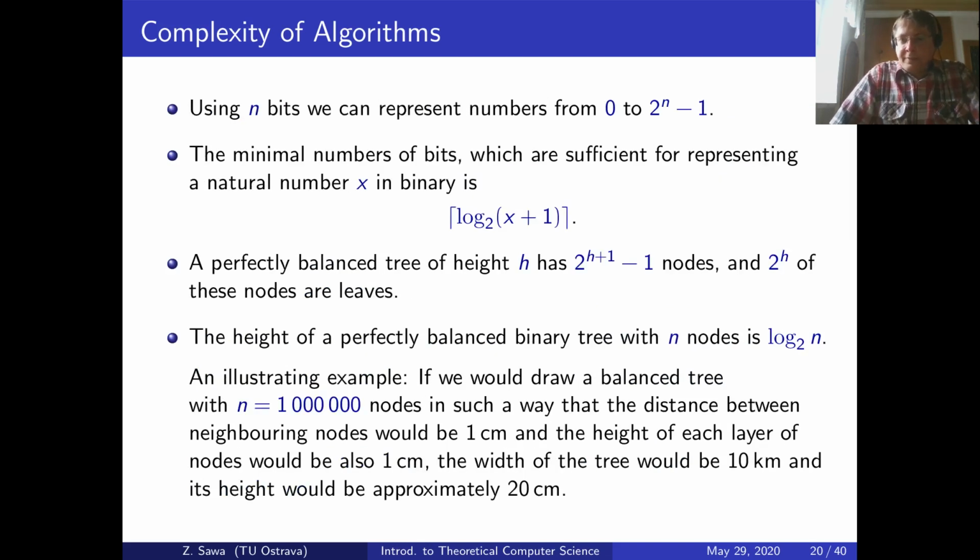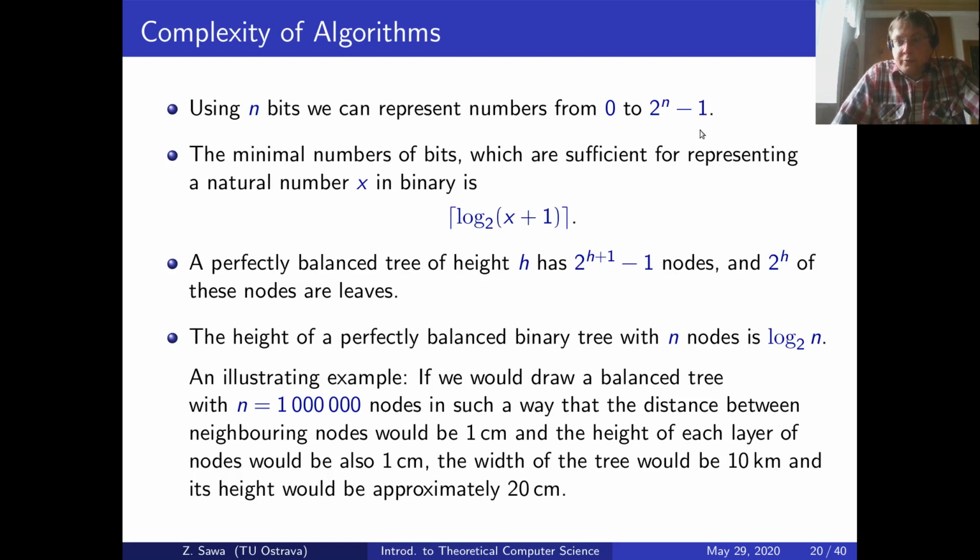Another example where exponential or logarithmic functions occur is when we work with n-bit numbers. Using n bits with the standard binary representation, if we consider just non-negative values, the values from 0 to 2 to the n minus 1 can be represented.